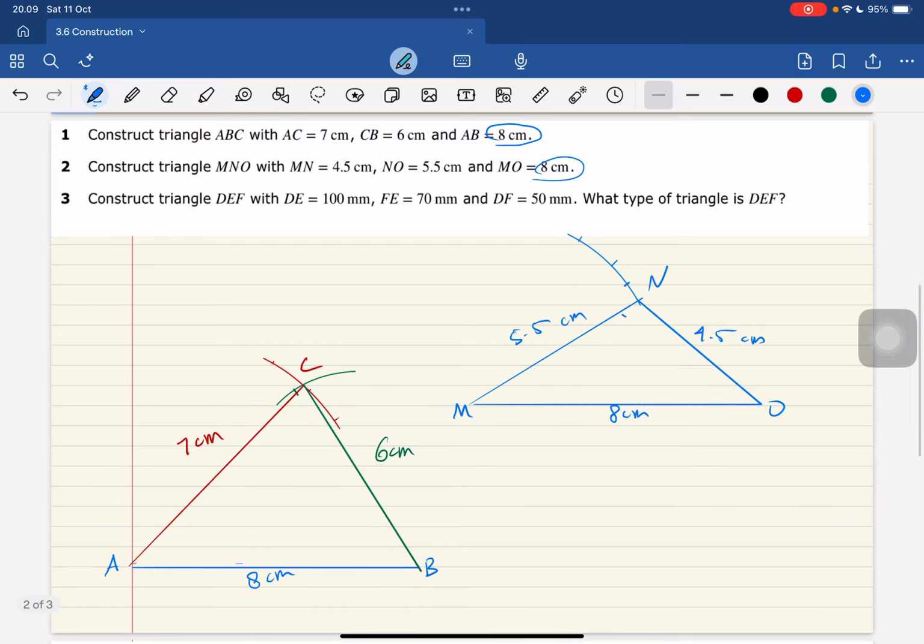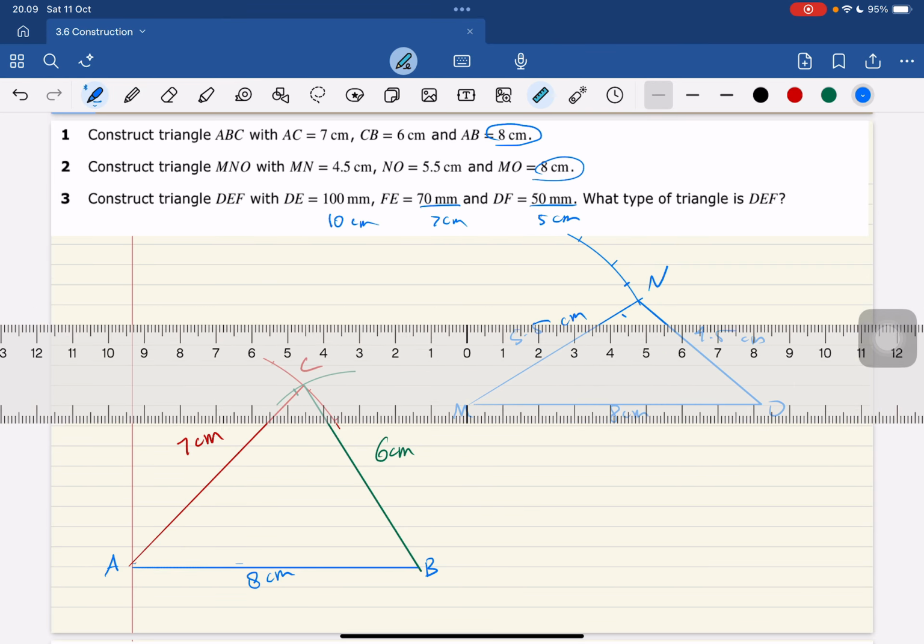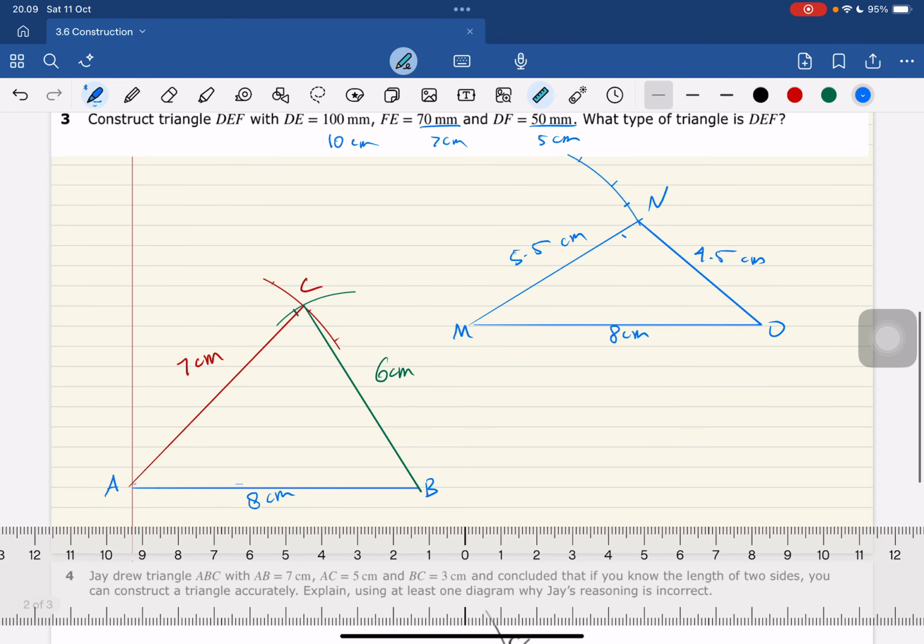Next, construct a triangle with 100 millimeter, which is 10 centimeter, and 7 centimeter and 5 centimeter. We always start with the longest line, 10. So let's construct 10 here. This is 10 centimeter.